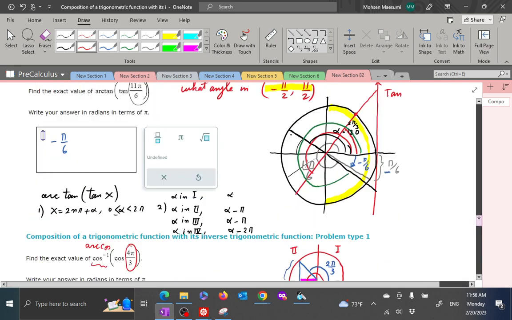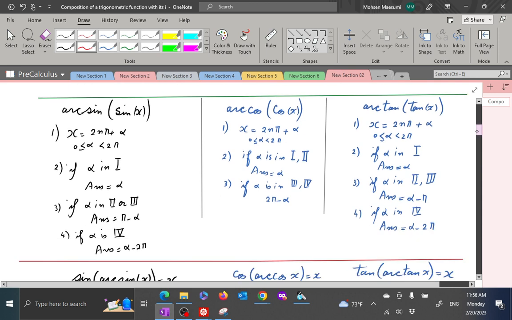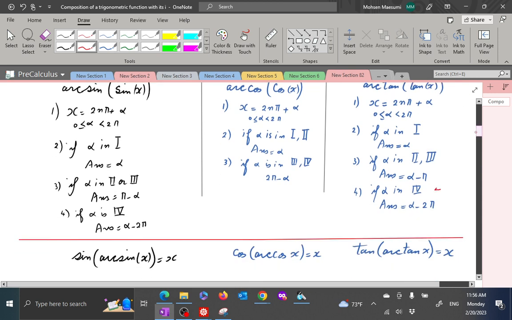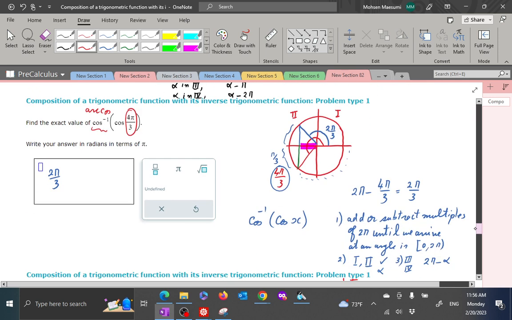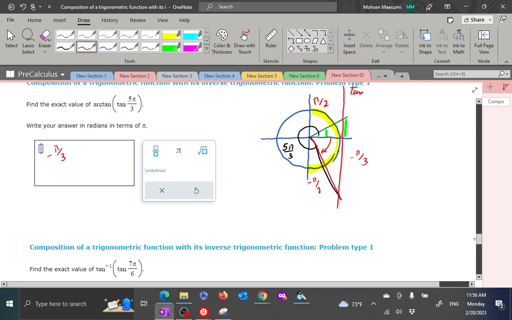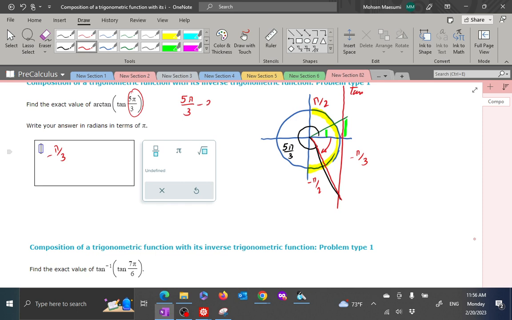So we said our recipe was, if you are in quadrant 4, the angle minus 2π is what you are looking for. So 5π/3 minus 2π: 5π minus 6π, and that is minus π/3.